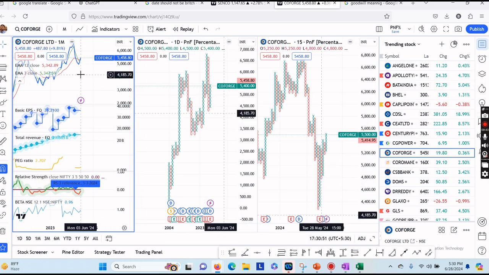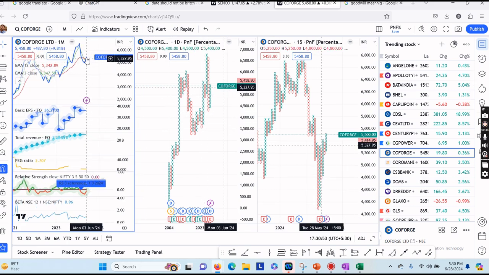If I see this stock, this is completely turned. And if it crosses above this swing, and in the long time frame, this is valuation, why this stock is very costly, and RS is not performing as of now.